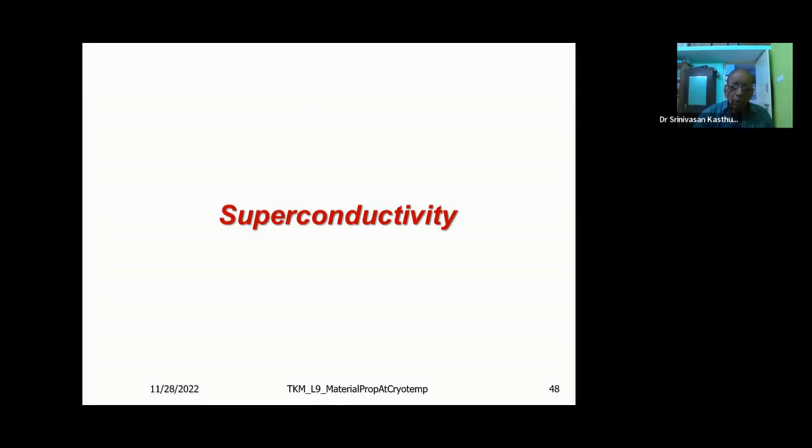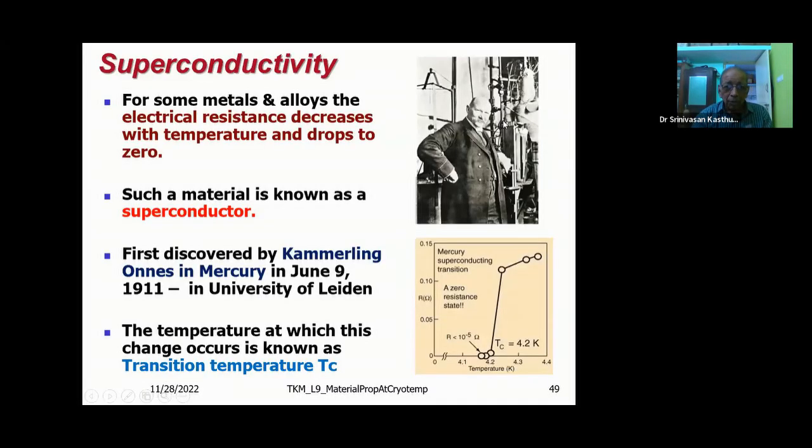See, when we are studying the resistance variation with the temperature, you find for some materials, the resistance suddenly drops to zero at a specific temperature. This temperature at which the resistance suddenly drops to really zero is what is called the transition temperature or superconducting transition temperature. I think we have already seen this as one of the milestones.